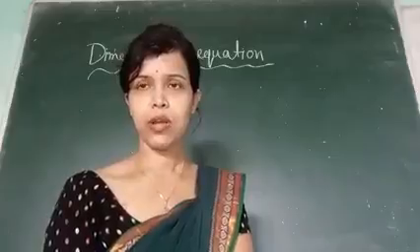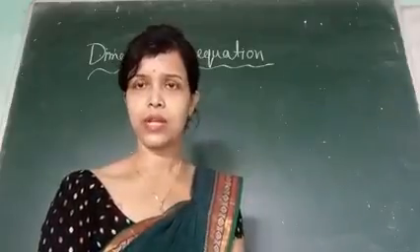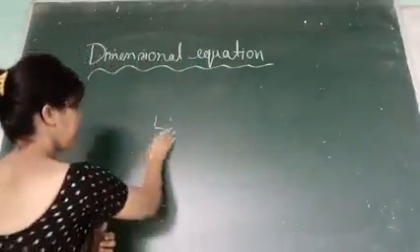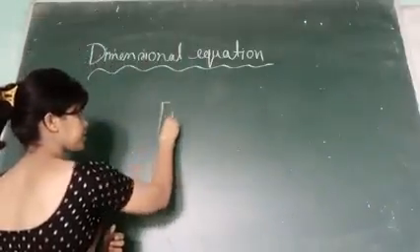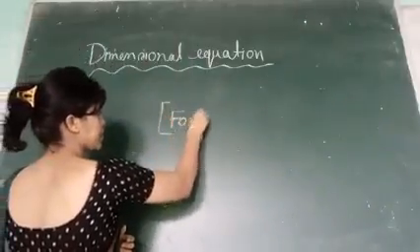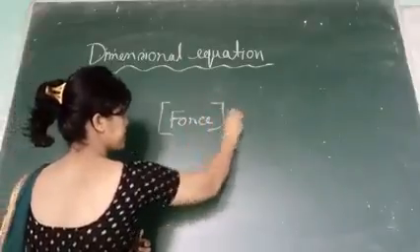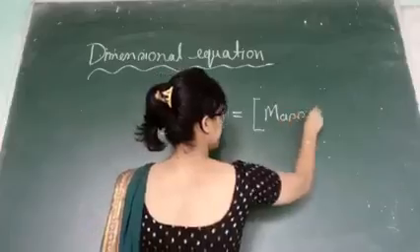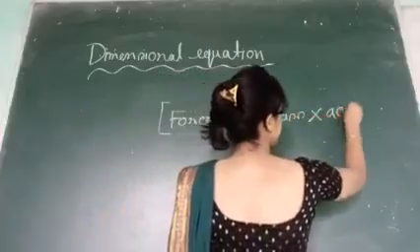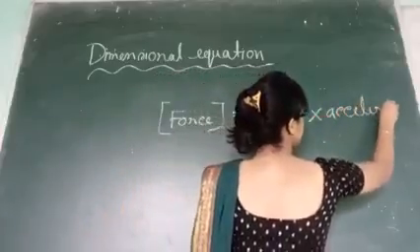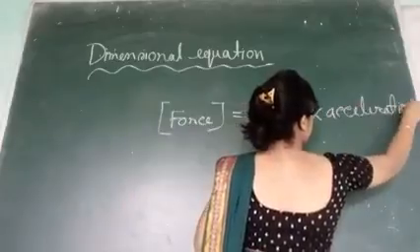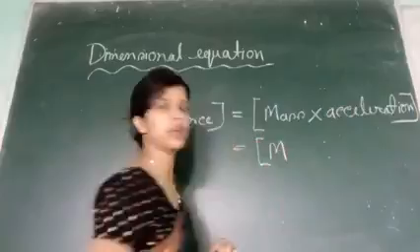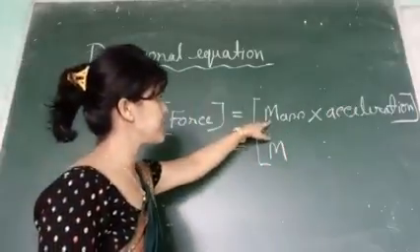For example, what is the dimensional equation for force? How can we get it? Force is mass into acceleration. For mass, what is the dimension?